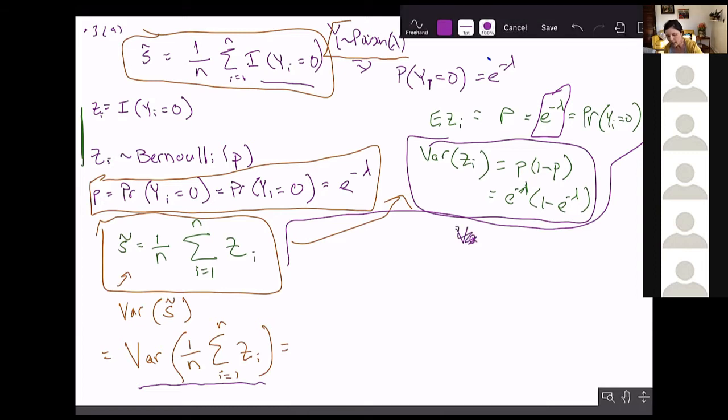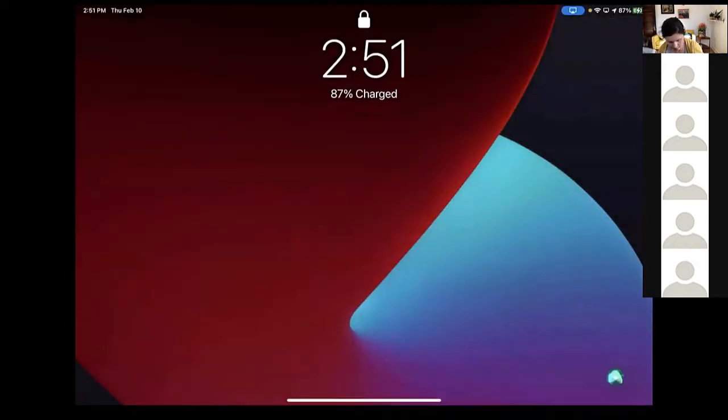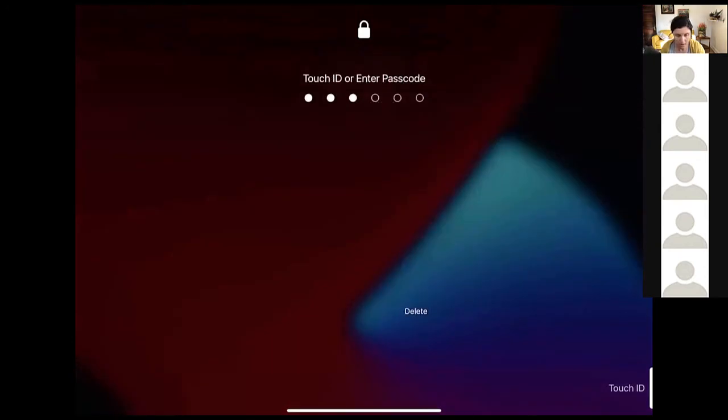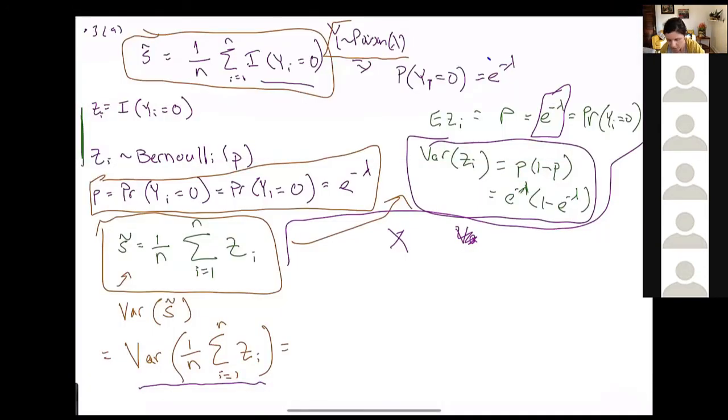So typically we only take variances and expectations of random variables, right? So if you let X be some random variable, we don't have to know the distribution. Sorry, my iPad just shut itself off for a second. Okay.